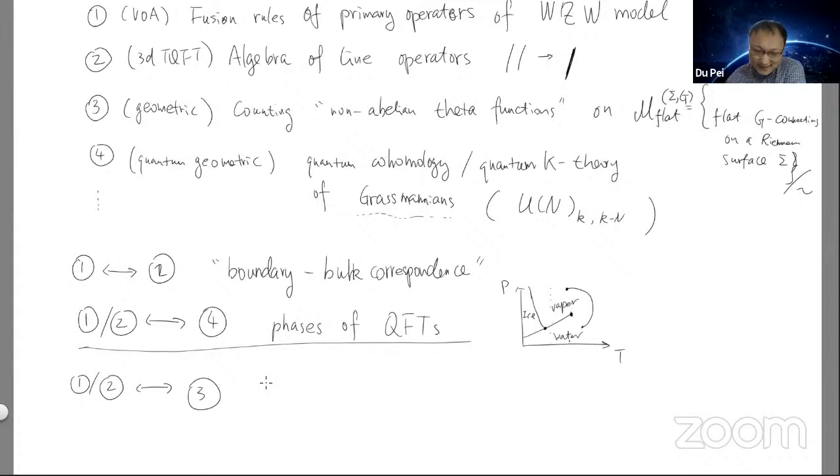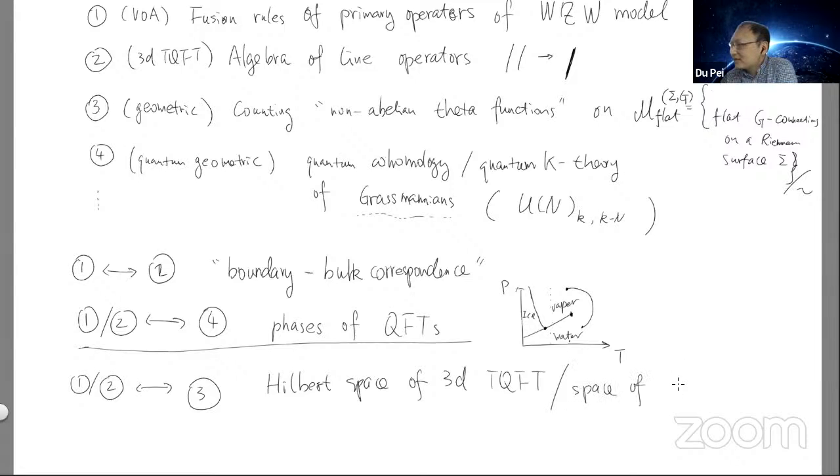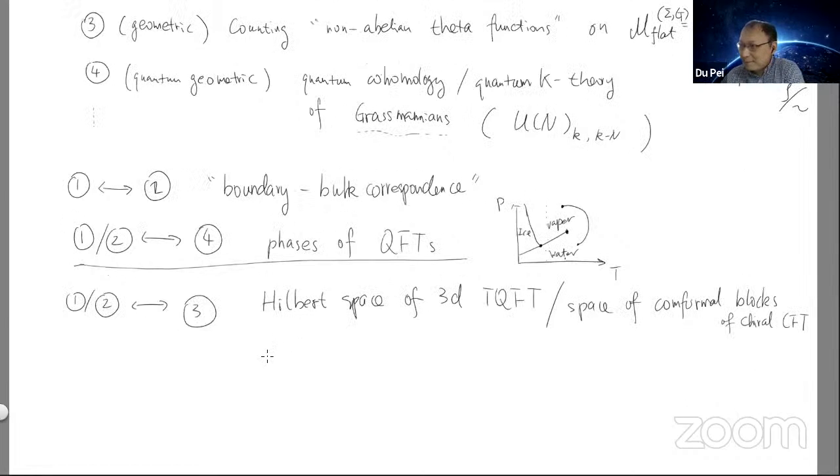And the way to see this is by looking at the Hilbert space of the 3D TQFT, or equivalently, the space of conformal blocks of the chiral CFT, as a quantization of the classical phase space.